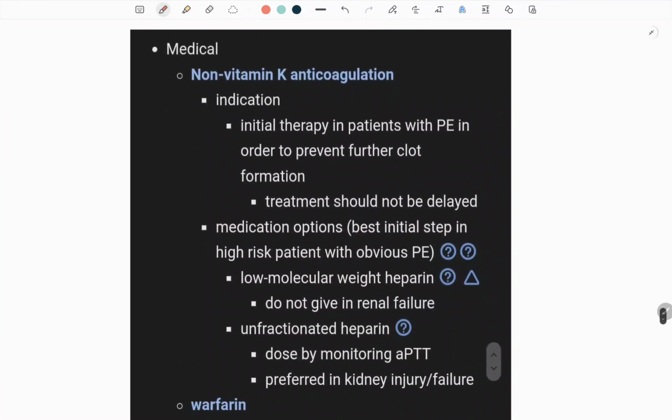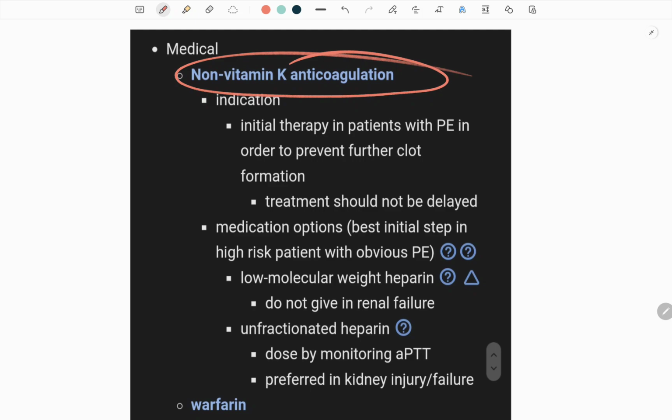Let's talk about the treatment part of pulmonary embolism. Anticoagulation is the most common. The indication is initial therapy in patients with pulmonary embolism in order to prevent further clot formation. Treatment should not be delayed.